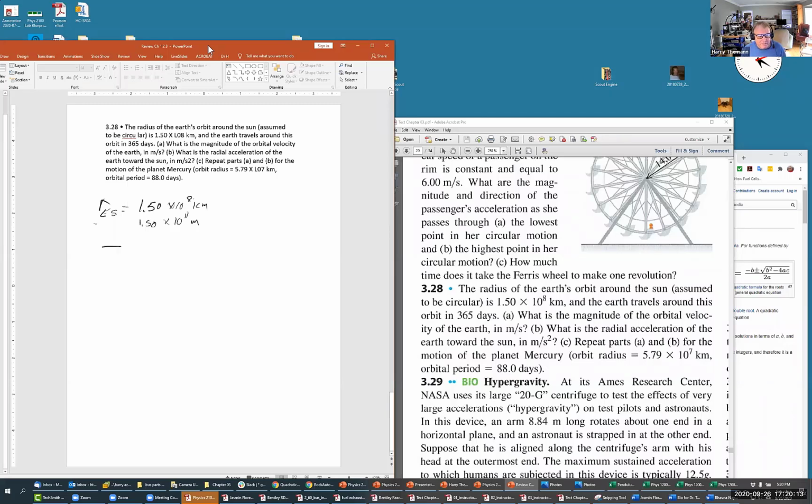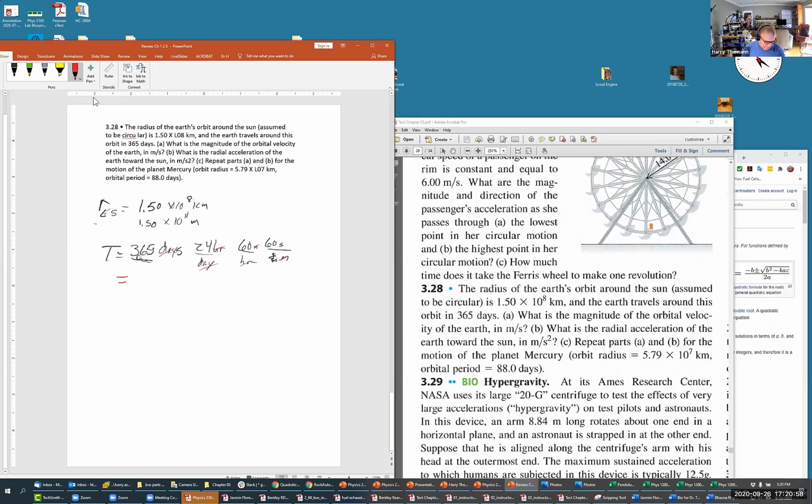And we assume that T equals 365 days, which is 24 hours in a day, 60 minutes per hour, 60 seconds per minute. So days, hours, minutes: 365, enter, 24 times 60 times 60 times.